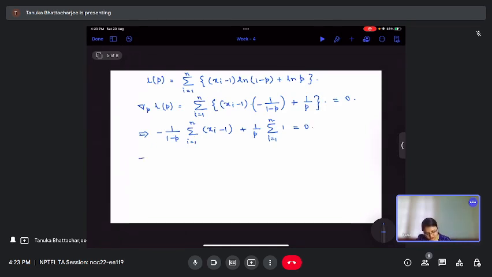That is, you can write the second term as 1 by p summation i equal to 1 to n over 1. So, this basically is n by p. If you take n by p and take the first term on the other side, now I will do some side change.